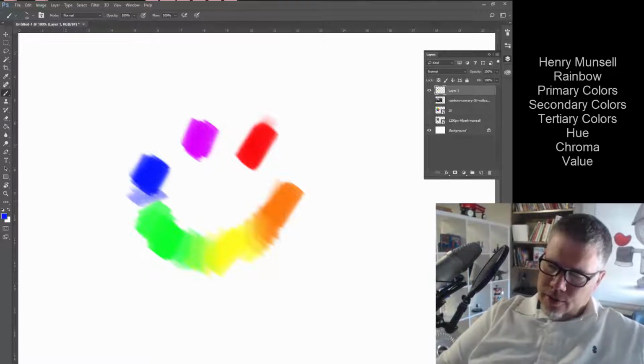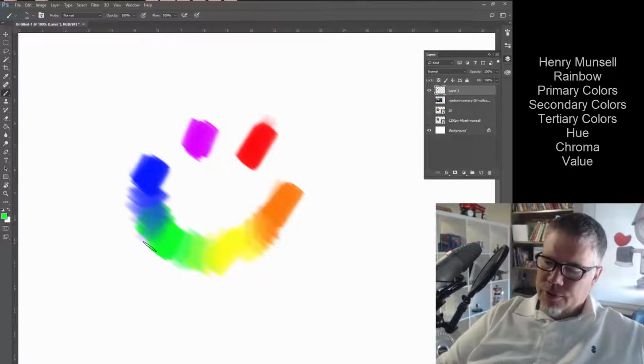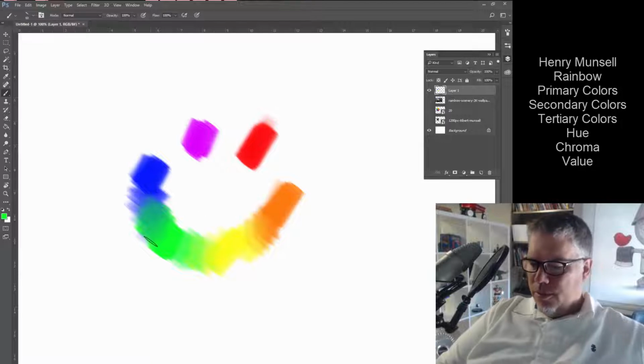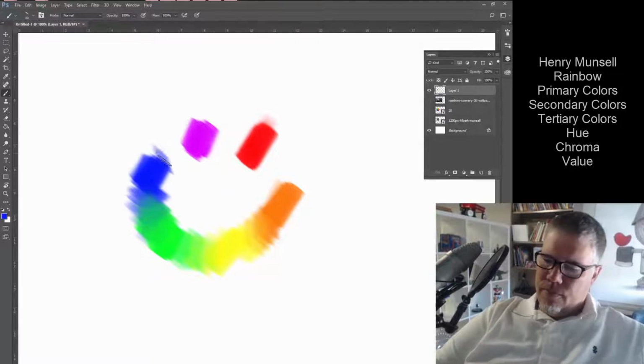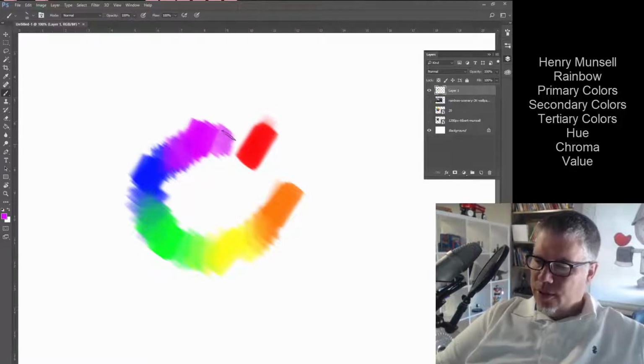And like we talked about in the previous video, even though I'm using digital, which is using light from the screen, the developers of Photoshop and any other digital painting program have mimicked the physics of what happens when you actually use paint. So they're going for that subtractive method, which is what we're doing right now.